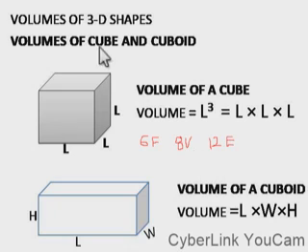Now let's look at the volume of cube and cuboid. Just like we discussed earlier on, it has 6 square faces. That is to say, each face is a square. Remember that a square has all its sides equal, meaning that each of the edges of this shape are equal.